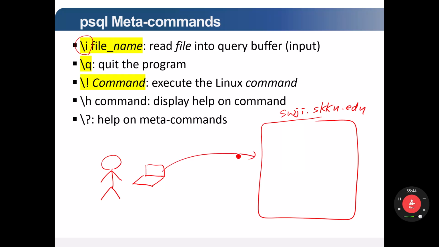Once you log into this machine using the SSH command, you will be inside the Linux shell, and inside the Linux shell you will see a prompt that starts with a dollar symbol. Here you can execute only Linux commands like ls or cd or vi. Those commands can be executed inside the Linux shell.